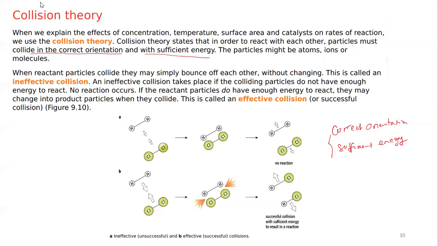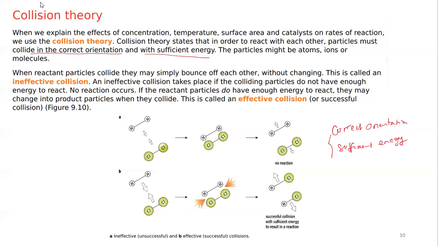So when this happens, the reaction happens, and we call it an effective collision, a successful collision. Otherwise, if the collision takes place but no reaction takes place, it means the collision is ineffective.